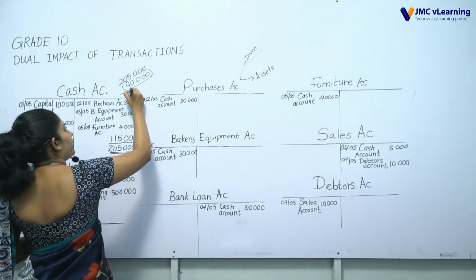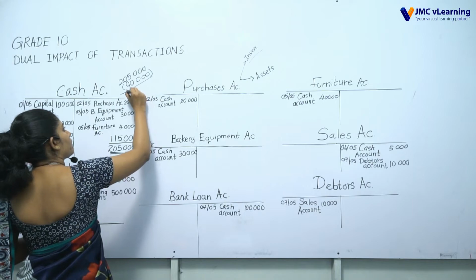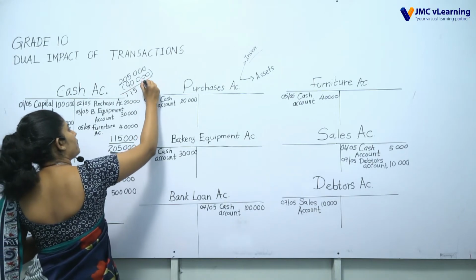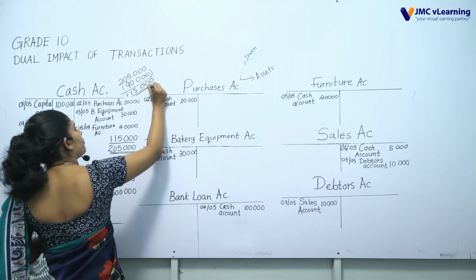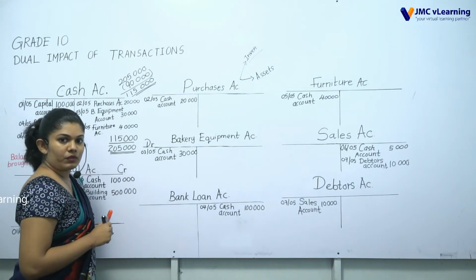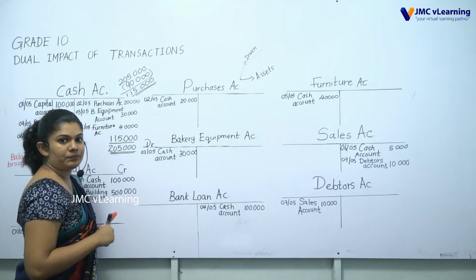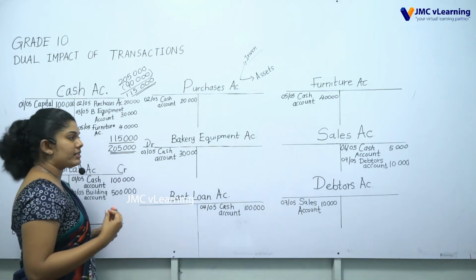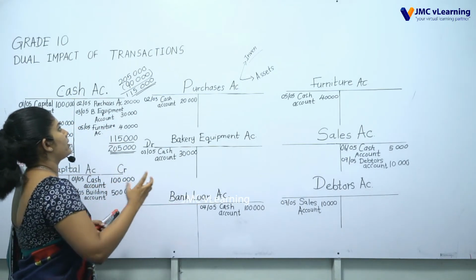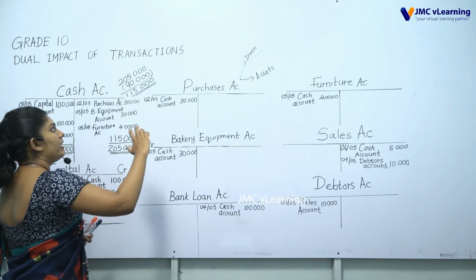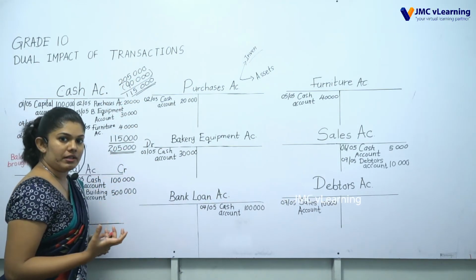Therefore, I only have 115,000 left in my hand. Or in this case, Mindy's business only has 115,000 out of 205,000 because they spent 90,000.